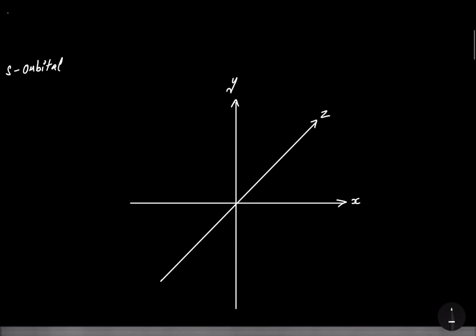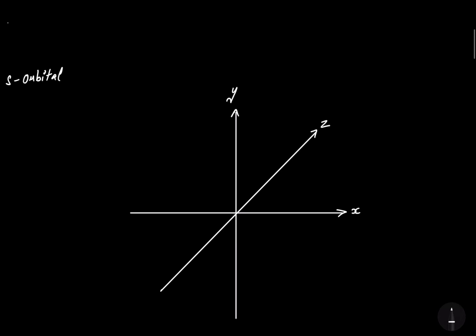Firstly is an s orbital. The s orbital does not have directional preferences.